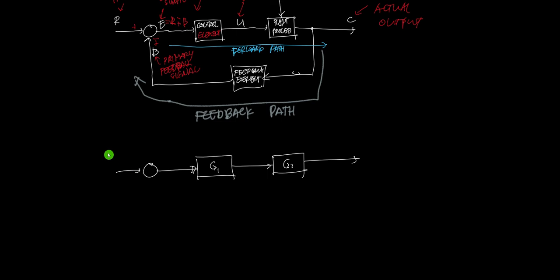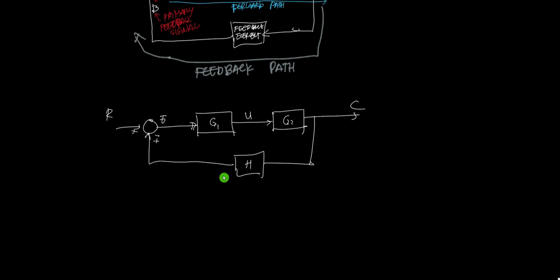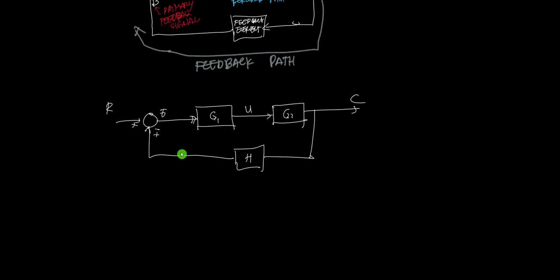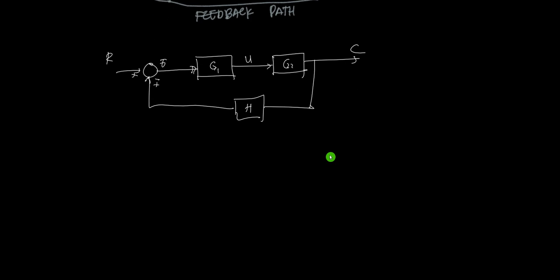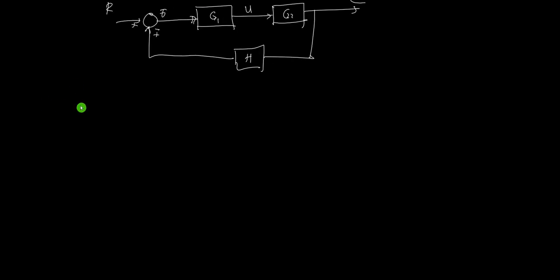Then we have here R, and this is U, and this is E. And for the feedback we use H. Then the output goes back as feedback. So plus, minus, and plus, and this will be our output. This is the general block diagram, the simplest form of a feedback control system. And just like what I said in the previous lecture, there is what we call the canonical form.